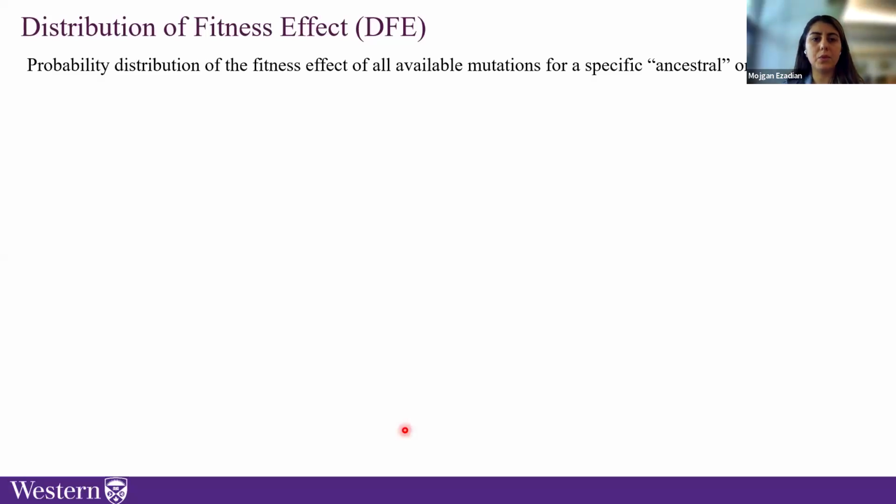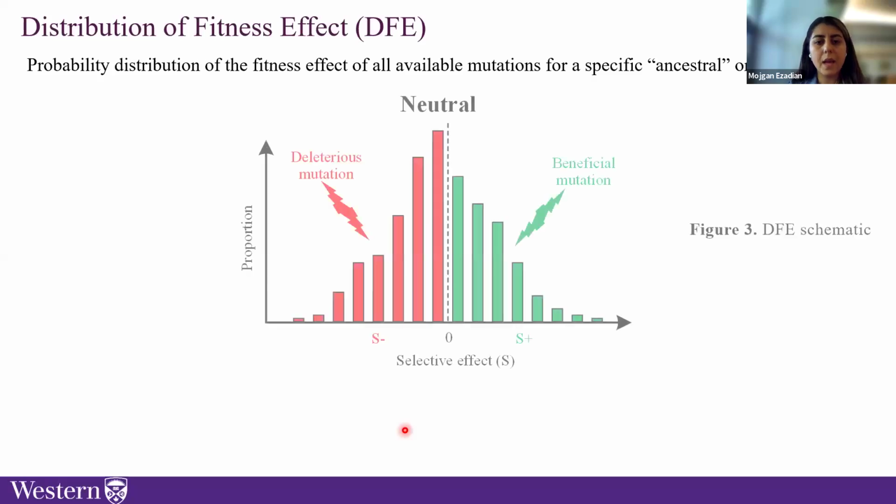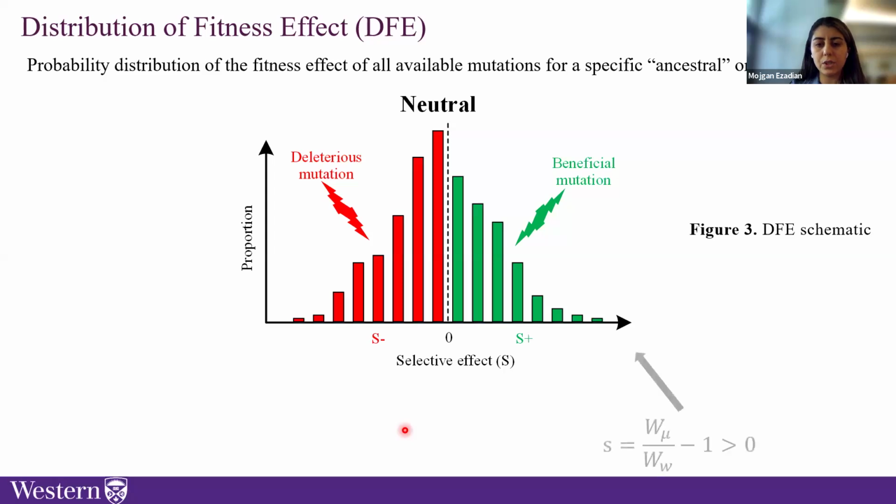The next concept is the distribution of fitness effects, which means the probability distribution of the fitness effects of all available mutations for a specific ancestral organism. This figure shows the DFE schematic, and the x-axis is the selective effect of the mutations. When the fitness of the mutated individual is bigger than the fitness of the wild type, S is positive, and mutations are beneficial.